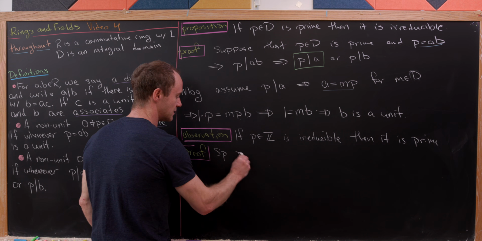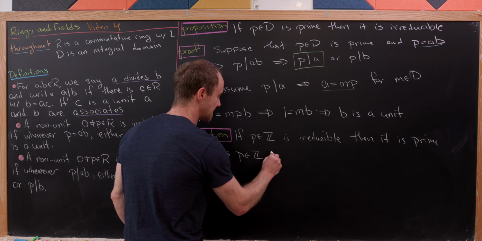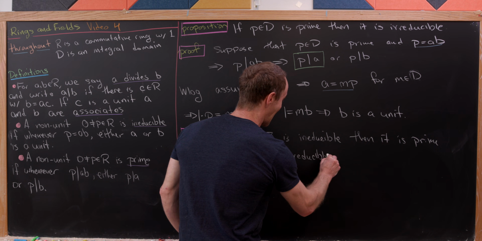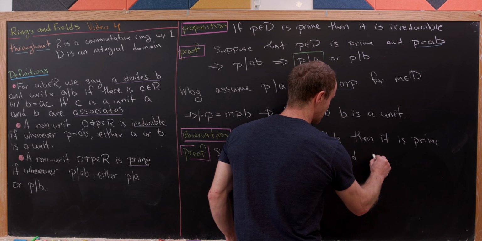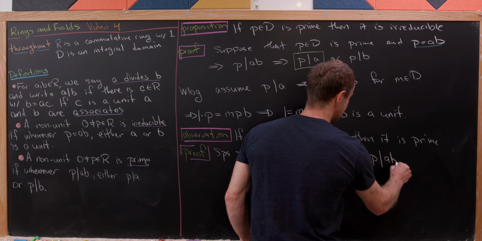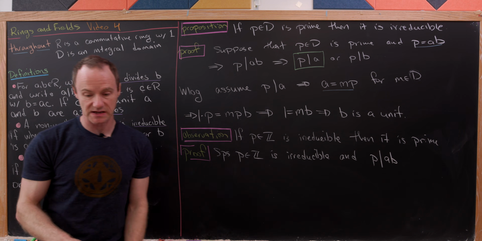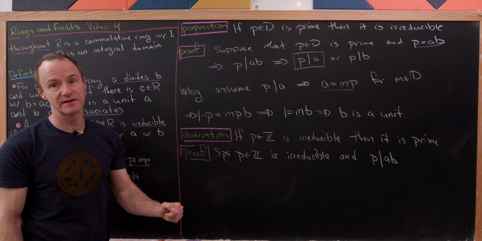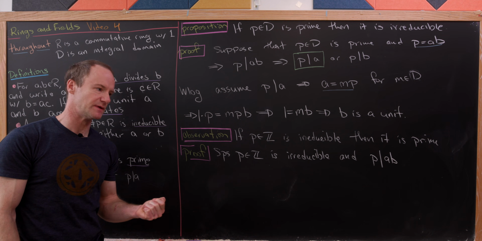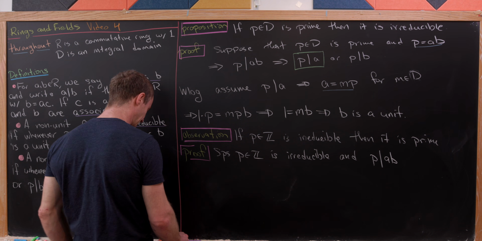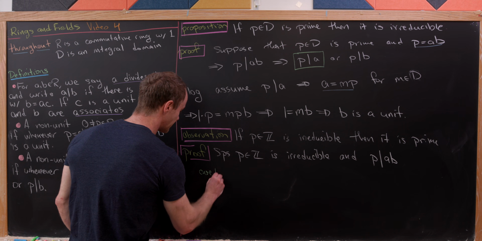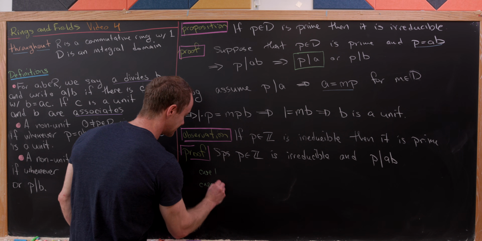So let's suppose that p in Z is irreducible. And let's suppose that p divides a times b. And we'll do this by showing that if p does not divide a, then it must divide b. So if you want to be super thorough with this, you can break this into 2 cases.